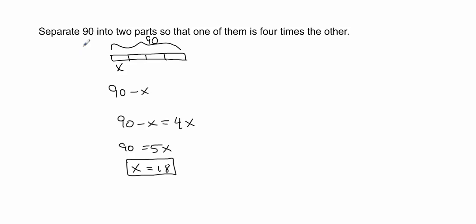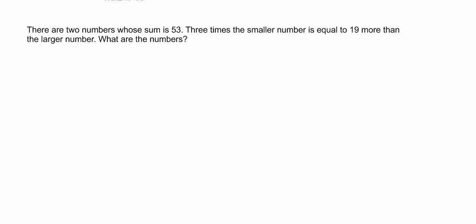Now we have one more problem to work before our time is up. This one's a little more complicated. There are two numbers whose sum is 53. 3 times the smaller number is equal to 19 more than the larger number. Again, we're going to have to break this up into two parts.